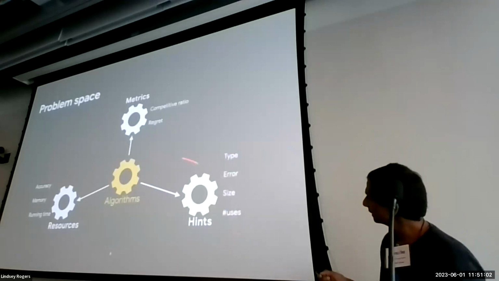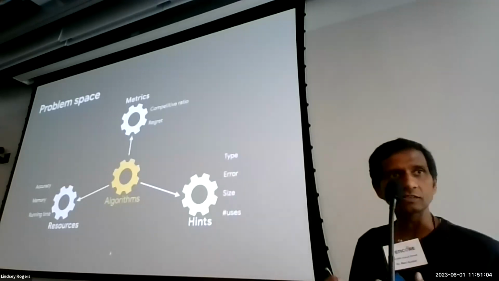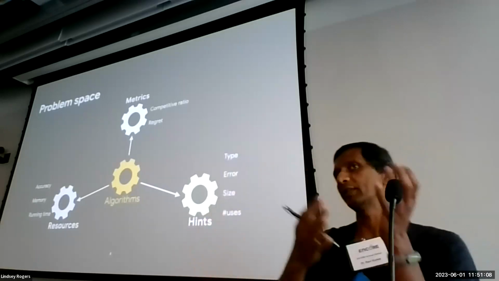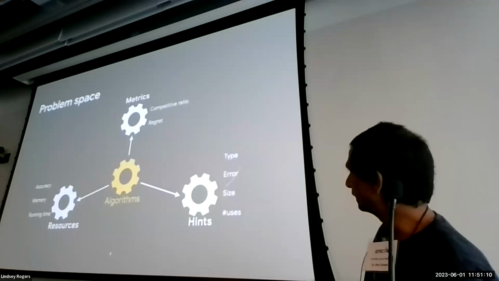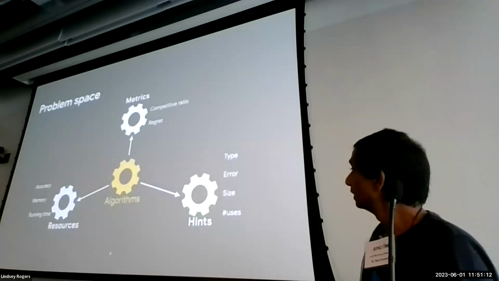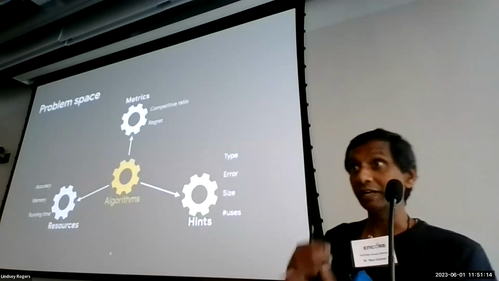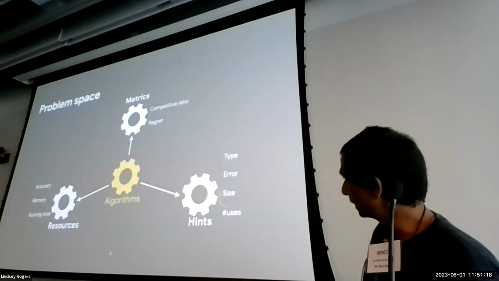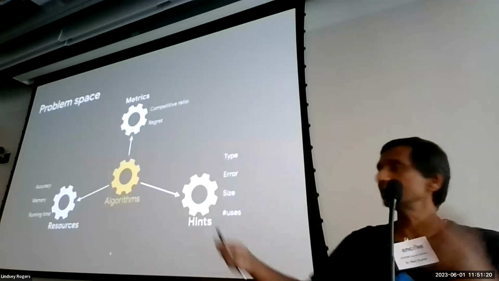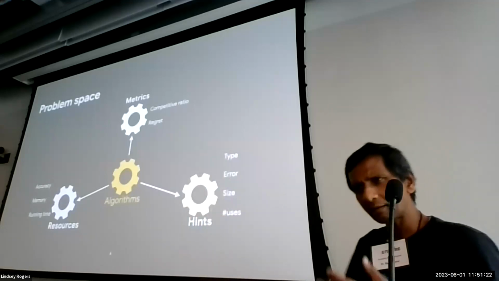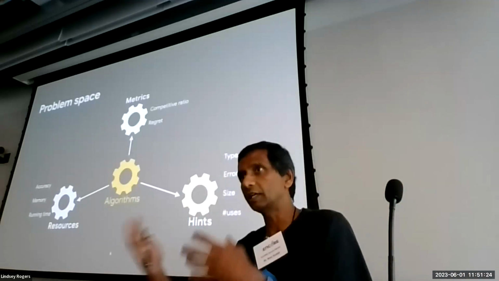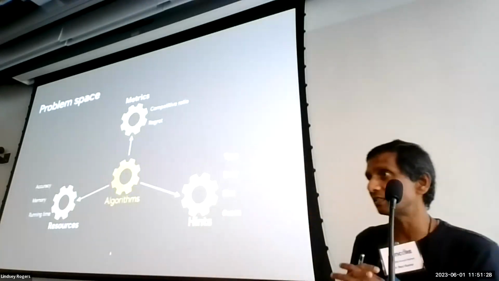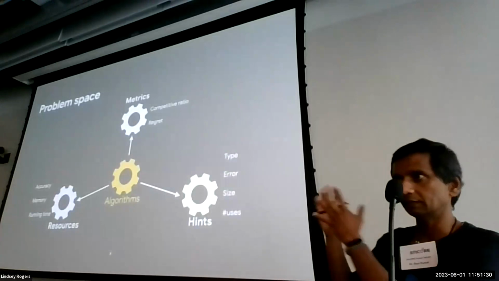And the third dimension of interest is the hints. There is no single recipe for how a hint is provided to the algorithm. It can be different types of hints, or you want a notion of error, like when do you call a hint good or bad, or you focus on the size, how big the hint is, or the number of times the algorithm actually asks for a hint. These are all different measures of how much the hints are used by the algorithm. This is another dimension for us.